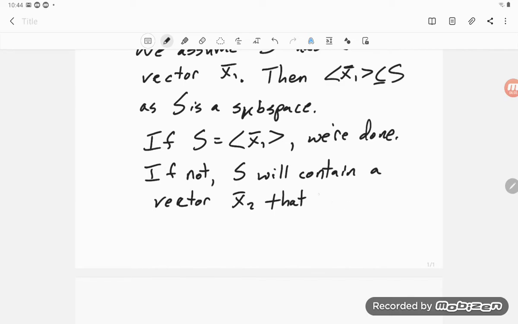Now I'm going to say that is not in the subspace generated by x1. Those are the same thing. So I'm just pointing out that I could say x2 is not a linear combination of x1, but I can also say it's not in the subspace generated by x1. Either they're synonyms. Either way is fine.